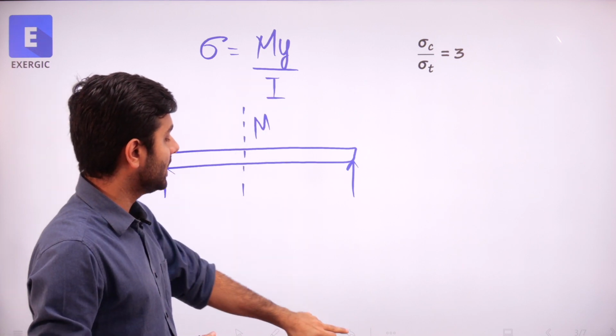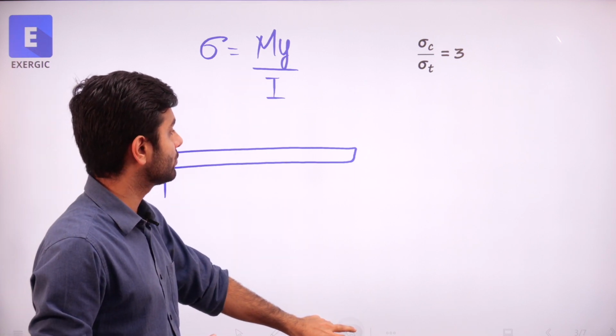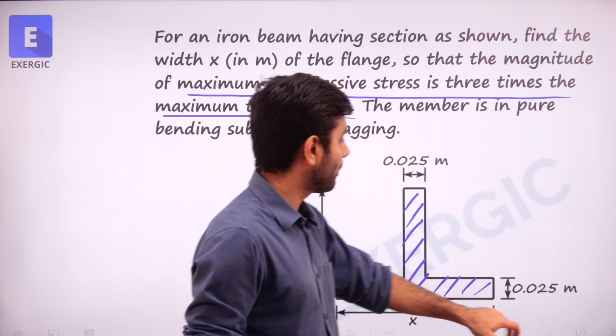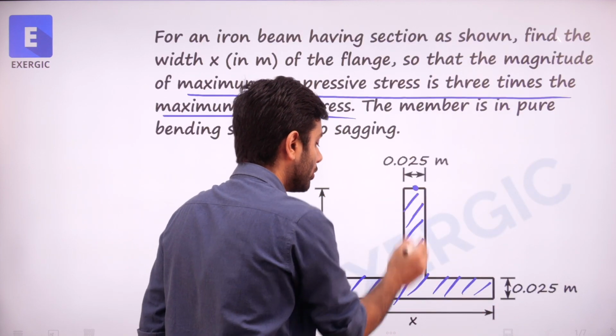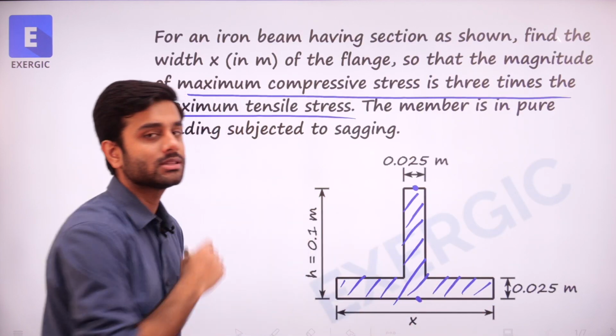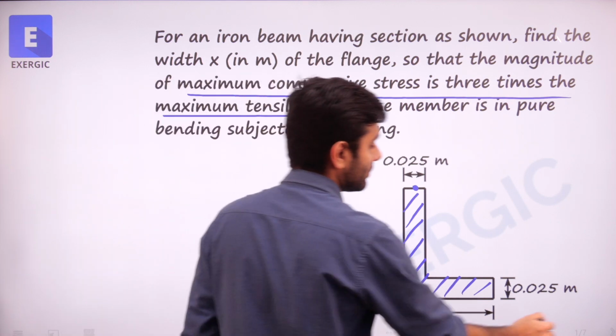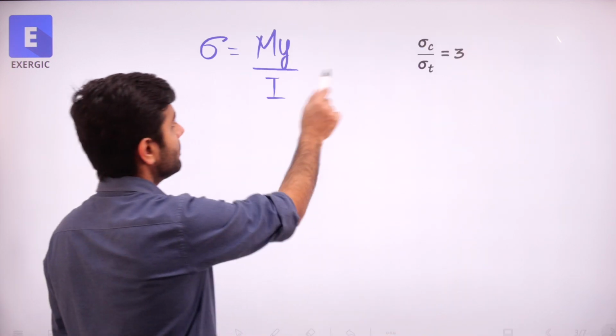So the value of bending moment is not going to change whether you pick the top point, the bottom point, or the neutral axis. So the value of M is the same for both.